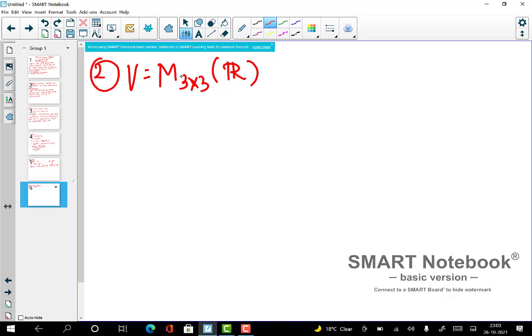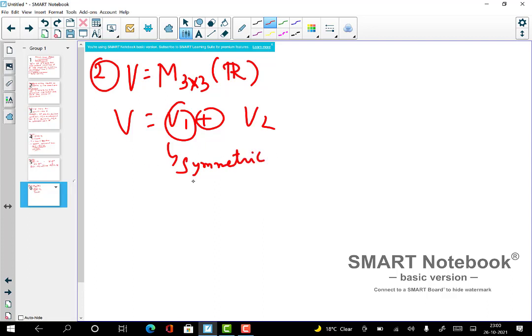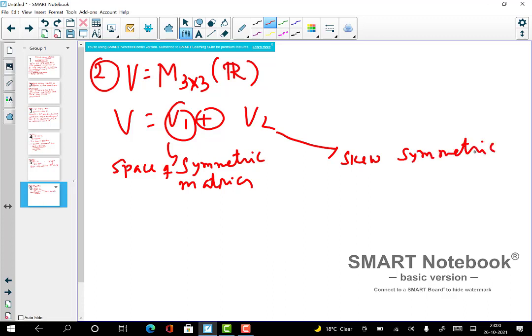So now let me define this V. You can write V1 plus V2, right? Where V1 is the space of symmetric matrices, and V2 is the skew symmetric matrices. So I'm taking over R, real.